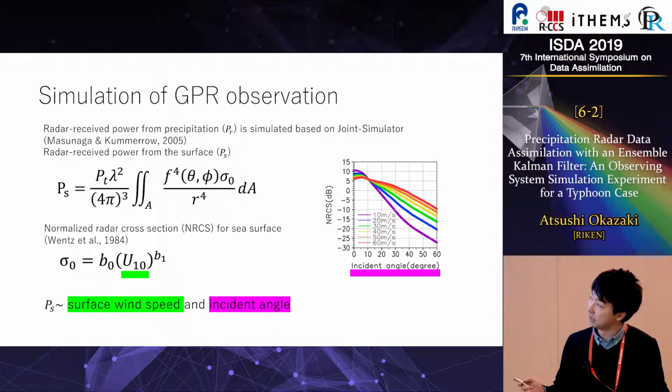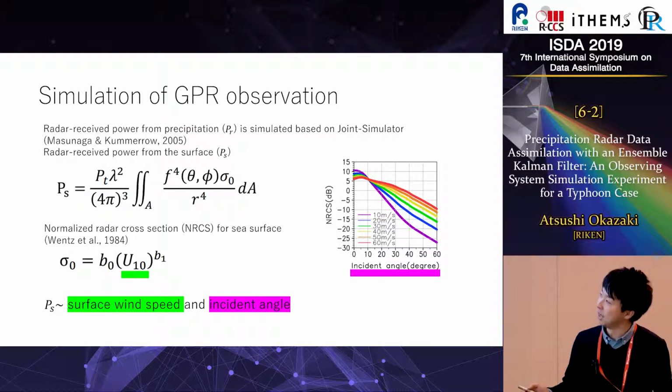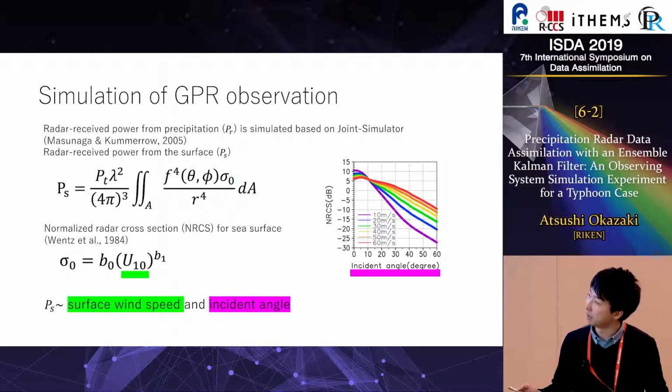When you see this graph, the normalized radar cross-section becomes smaller along with the incident angle or the off-nadir angle. On the other hand, it increases along with the speed of surface wind.